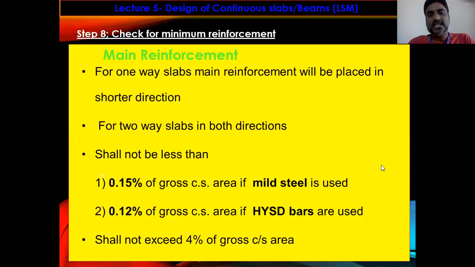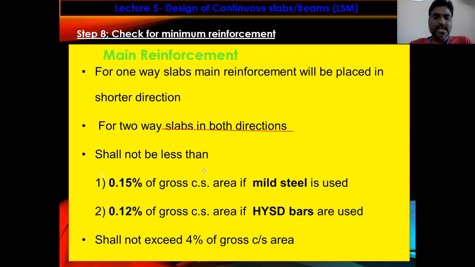How to check? As per IS 456-2000 for slab, the main reinforcement should be placed in the shortest span direction, and for a two-way slab, the main reinforcement should be provided in both directions. Just now I told you. And the AST you have calculated should be checked against the minimum and maximum.